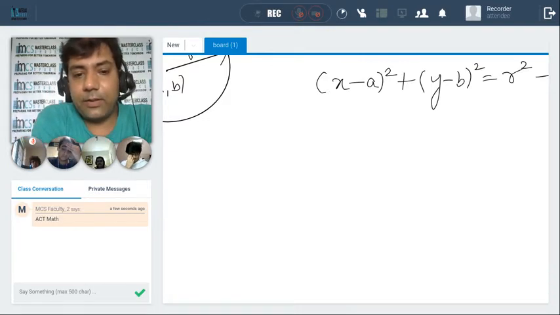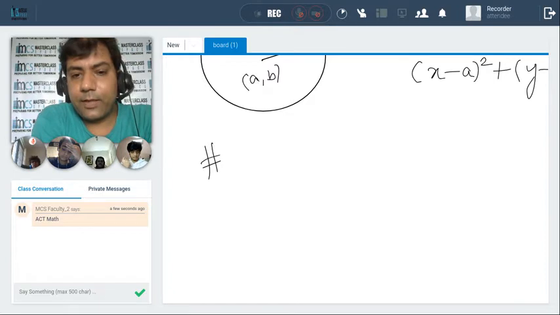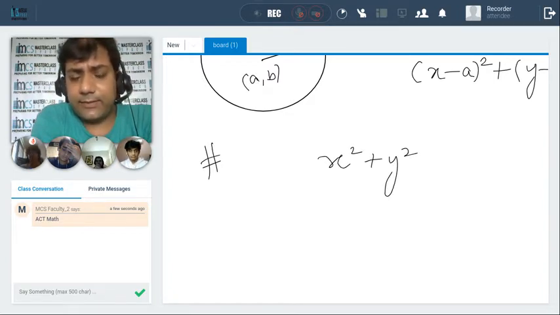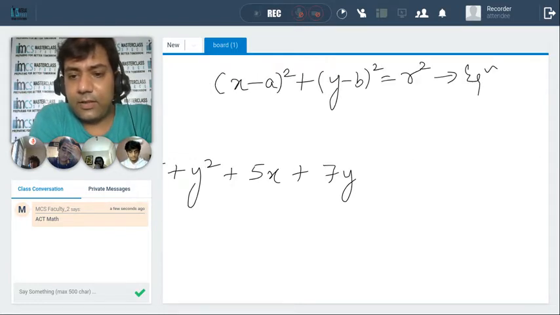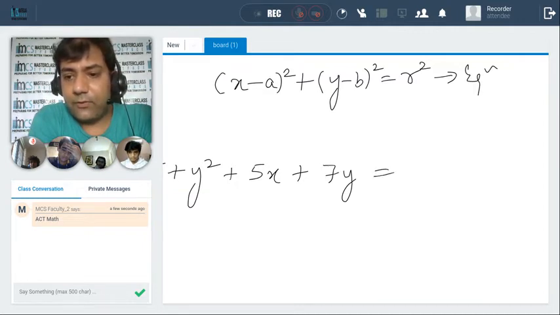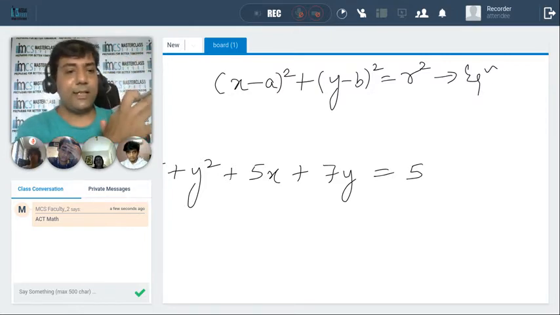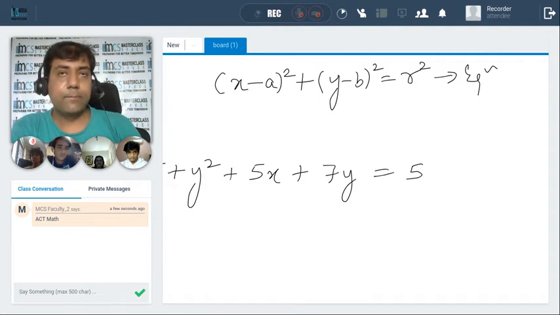For example, I am taking an example like x square plus y square plus 5x plus 7y equals to whatever, 5. Is this the equation of a circle, guys? You'll have to convert it to the equation of the circle. How will you convert it?